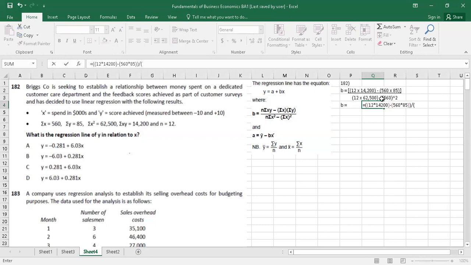So now let's find out, after B is calculated, we need to find out what is A.